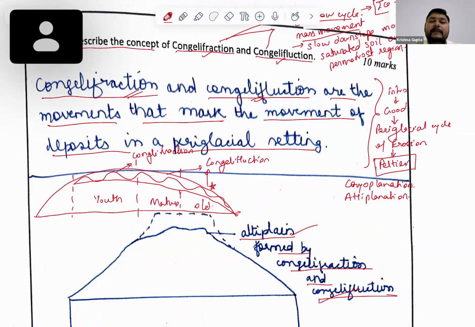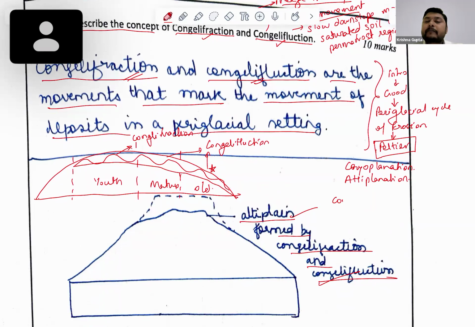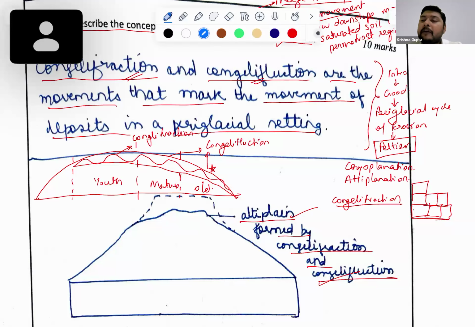To explain further, in congelifraction we look at the freeze-thaw mechanism taking place over the rocks, majorly in the colder regions. When water moves inside the cracks and fractures, we have the process of congelifraction, which results in the fragmentation or weathering of rock.